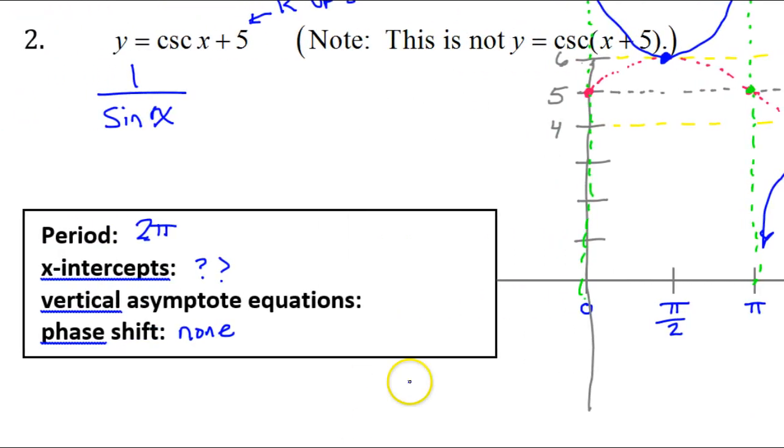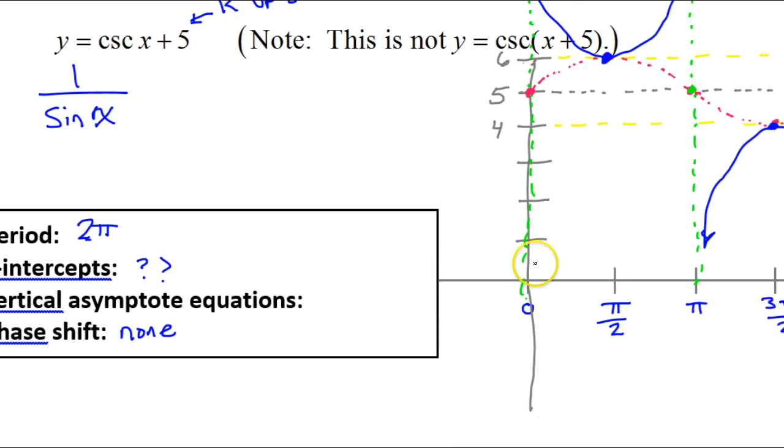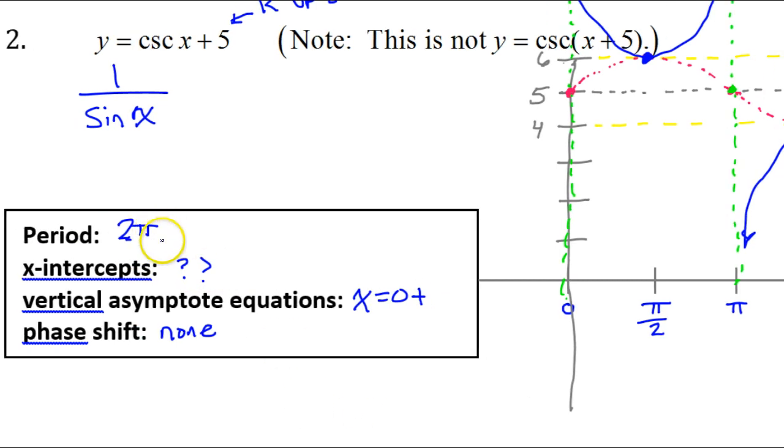My first one is right here at 0, so I could say x equals 0. And then I could start adding multiples of a half period because it comes in the middle. The period is 2 pi, so a half period would be pi. So I could say plus n pi, multiples of a half period, where n is an integer.